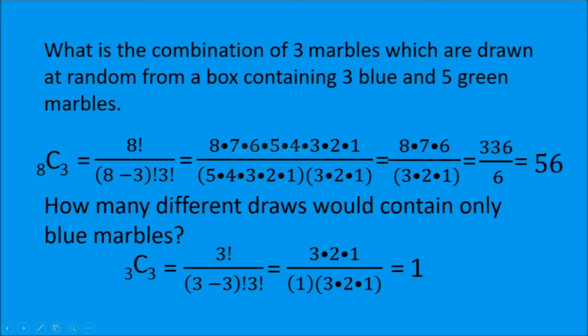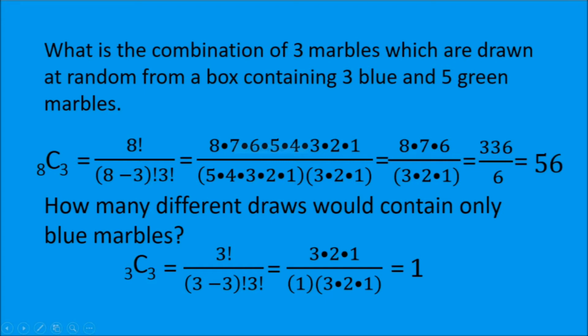Another example is, what is the combination of 3 marbles which are drawn at random from a box containing 3 blue and 5 green marbles? The collection of objects, or n, is equal to 3 blue marbles and 5 green marbles, a total of 8 marbles. The problem is asking for a combination of 3 marbles which are drawn at random, so the r is 3.